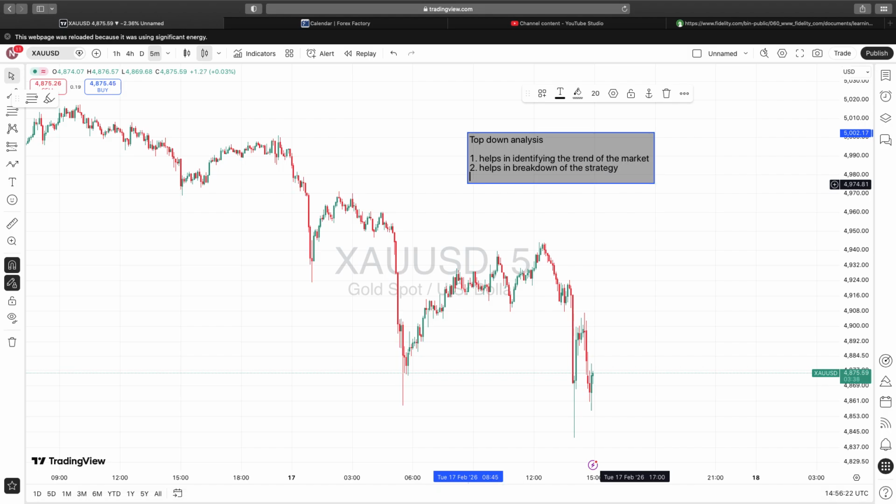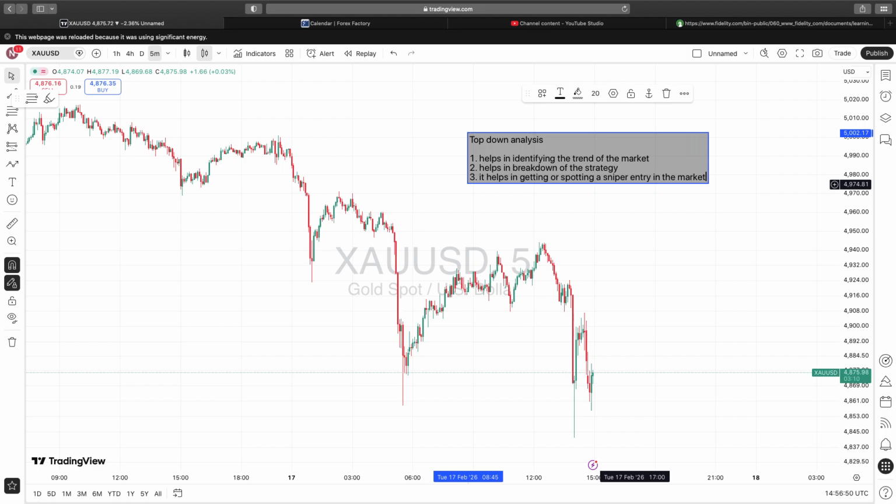Another one, it helps in spotting a sniper entry in the market.